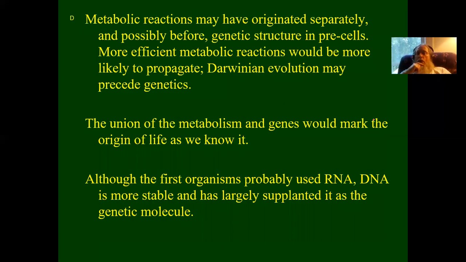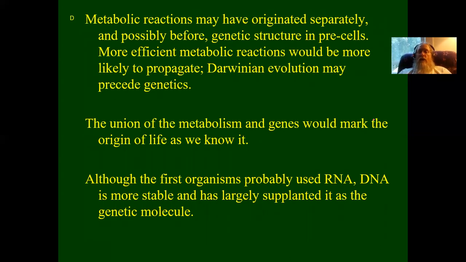All right, now, what about metabolism? Metabolism, the chemical reactions involved, don't necessarily have to be connected to genetics. So the origin could have been completely separate, and maybe even before genetics. And if you think about it, efficient metabolic reactions are going to be more likely to happen than inefficient ones.